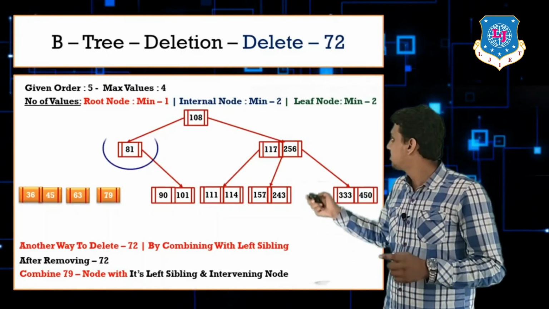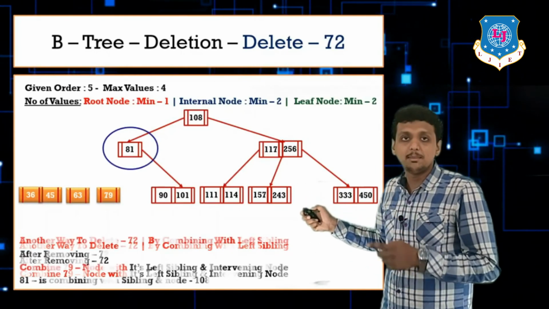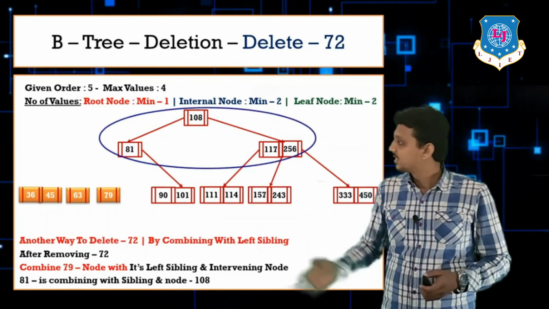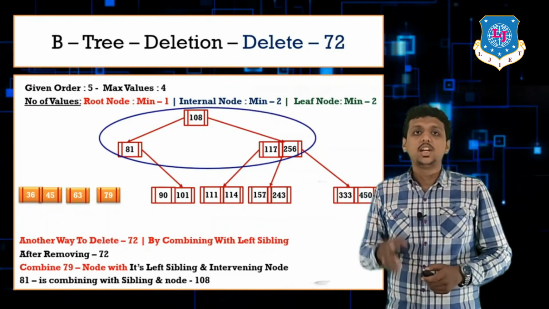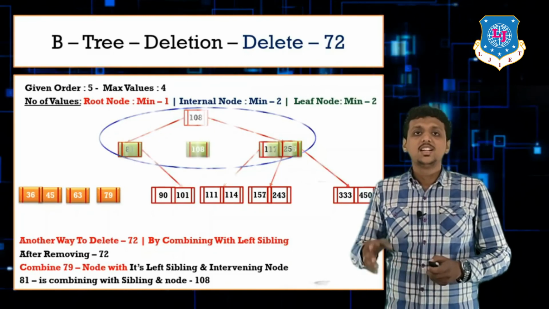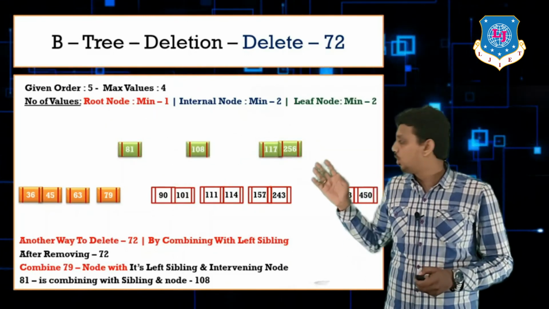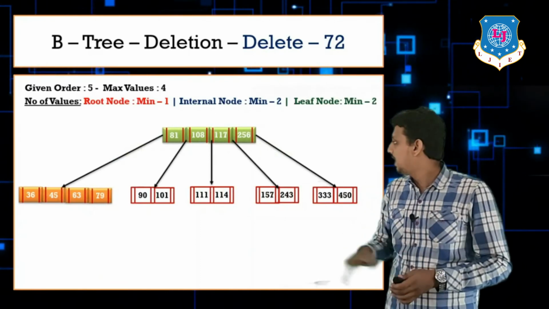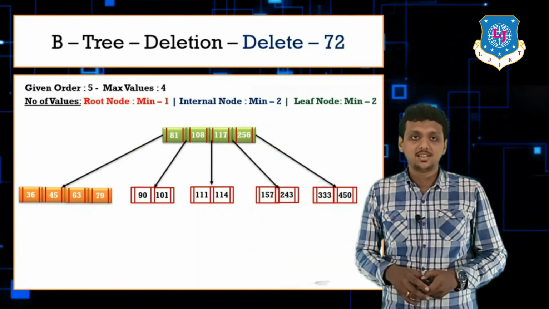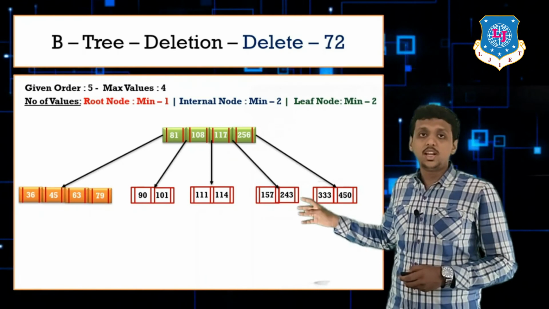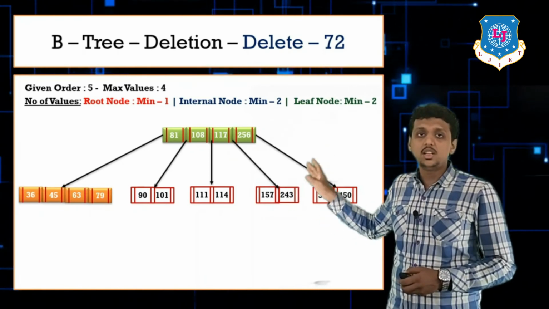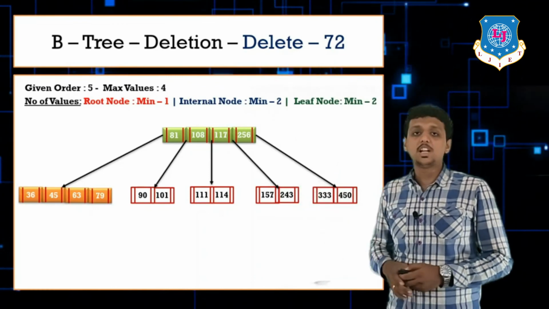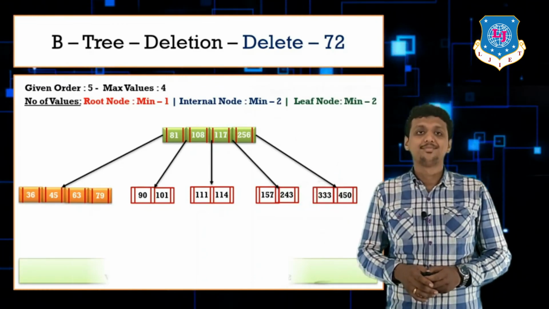So 81 is going to pair with its sibling and the intervening value of the root node. So 81, 108, 117 and 256 are going to combine together, and this becomes my final answer, where the root node has 81, 108, 117 and 256. Fine. So this becomes my final answer number 2.